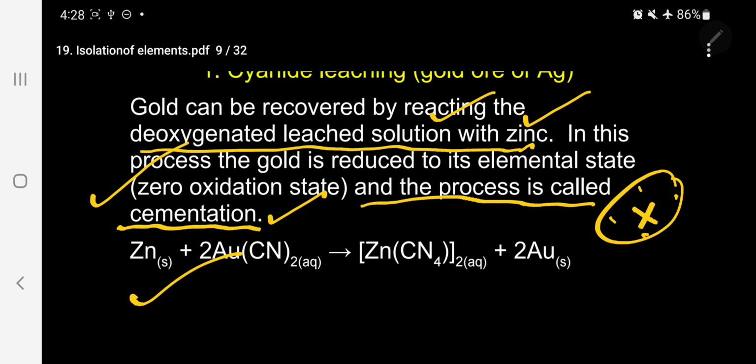So this is the equation: Zn plus 2 [Au(CN)2]⁻ gives [Zn(CN)4]²⁻ plus 2 Au. Instead of gold, as per the question, you have to think of silver. That's all, only different. So finally, only zinc is used to displace the gold or silver.